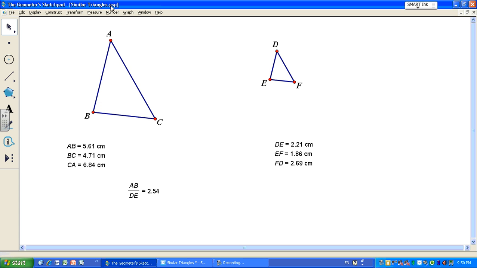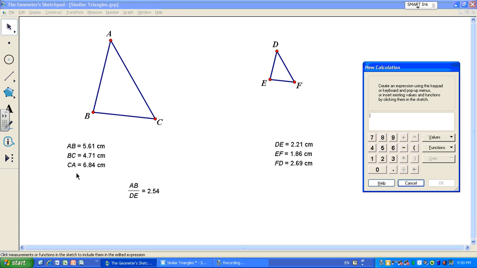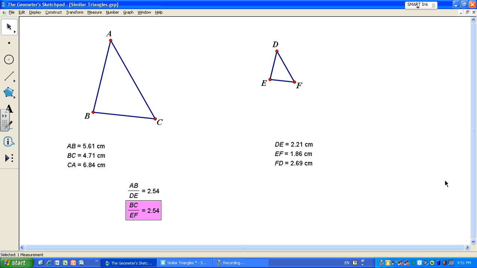Guess what we're gonna do next? We're gonna calculate side BC divided by the corresponding side from the second triangle, EF. Okay, let's see what happened. Oops, what a surprise. It's still the same, 254.